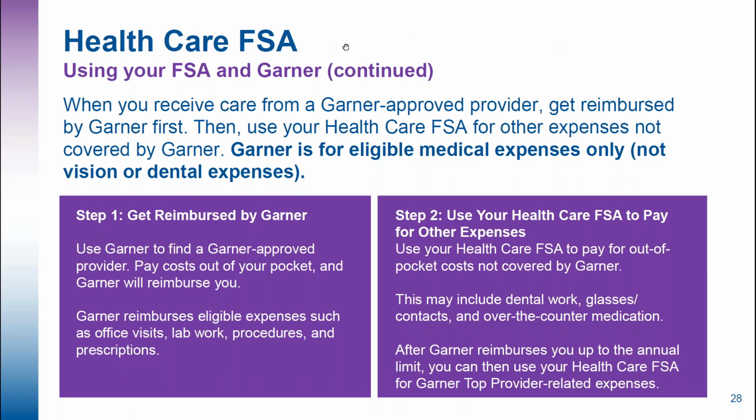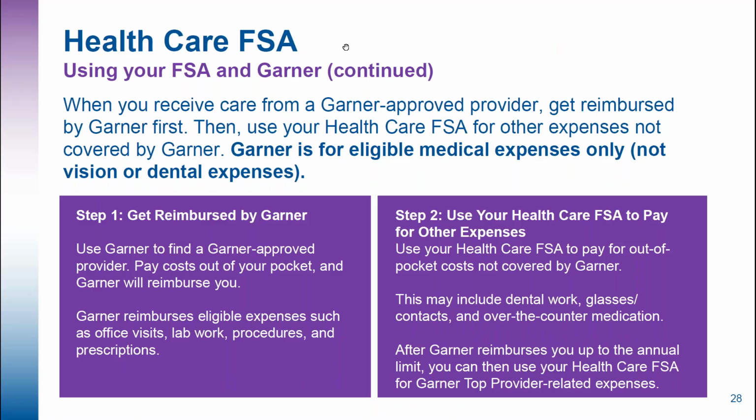I've also noticed in the last several months, they've added a lot of providers on the PEBB side that weren't there 3 or 4 months ago. So if you haven't been in there for a while, get back in there and plug in your doctors and see if they're there. Okay, that's what I'm going to talk about Garner. But use your healthcare FSA to pay for other expenses.